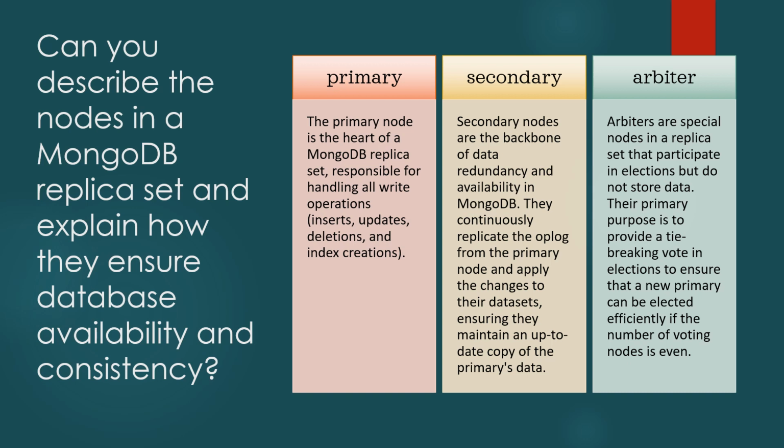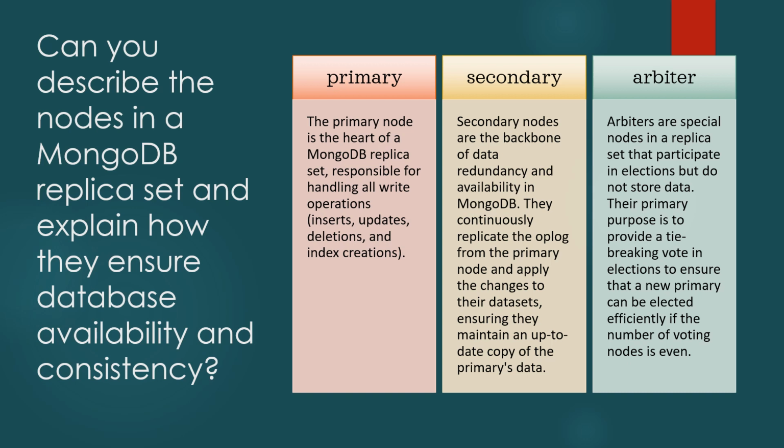MongoDB replica sets comprise primary nodes that handle all write operations, secondary nodes that replicate data from the primary to ensure redundancy and provide the capability for read operations, and optionally, arbiter nodes that participate in primary election processes without holding data themselves. This architecture ensures database availability through automatic failover, where secondary nodes can be promoted to primary in case of a failure, and maintains data consistency and redundancy across nodes.